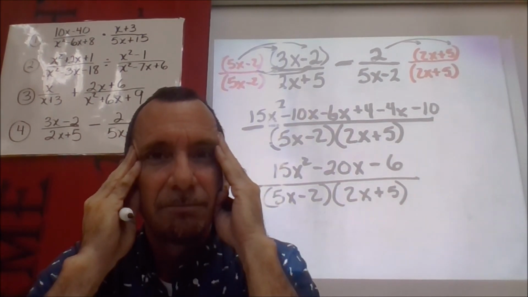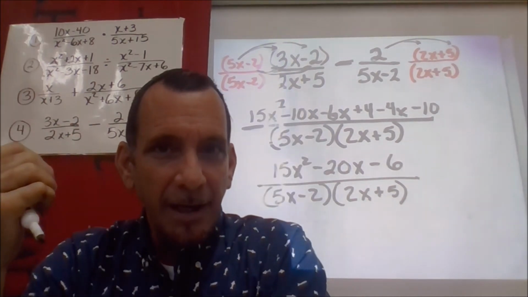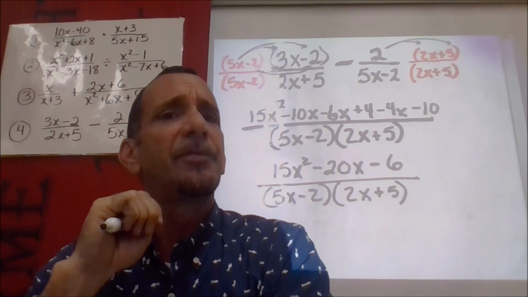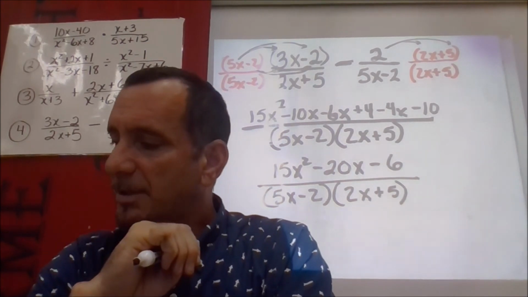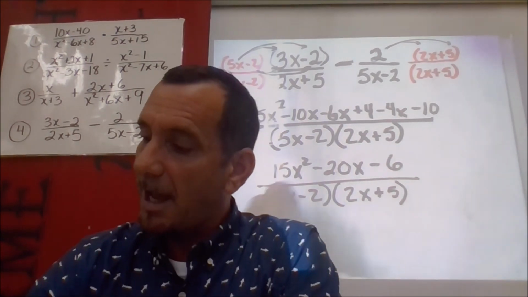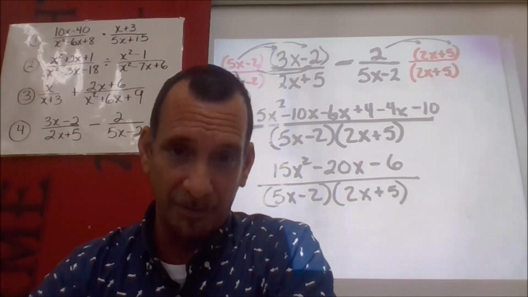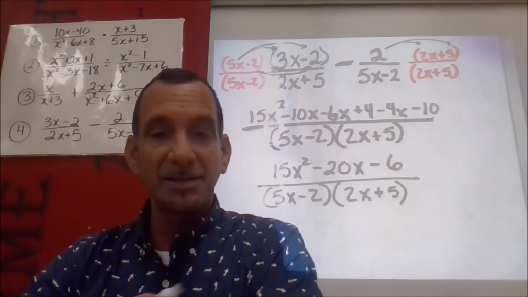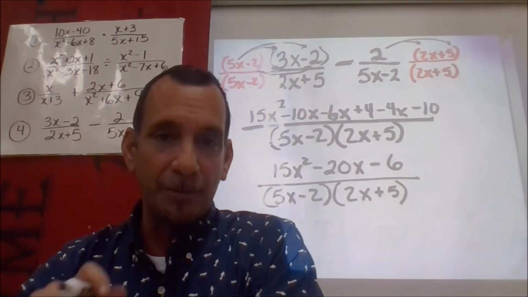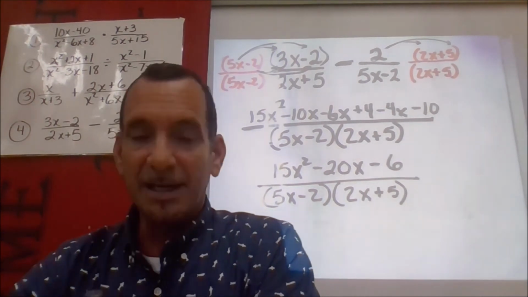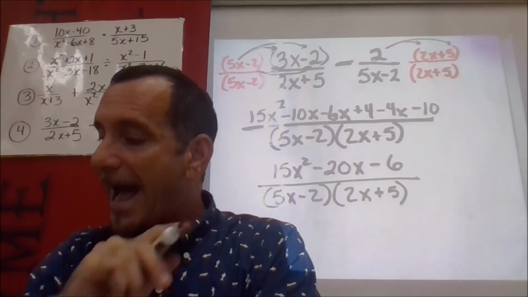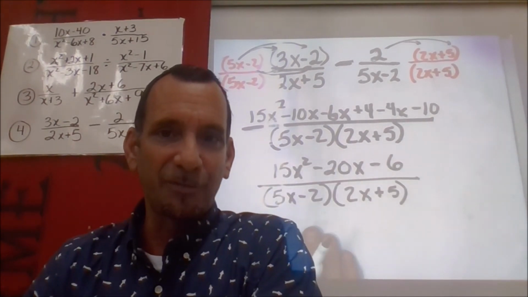I'm going to say, is there a possible way to factor this problem? If I can't find it fairly quickly, I'm just going to say, well, at this point, I can't factor it, so I cannot cancel. So I'm going to leave the answer just like this. There's no way that I'm going to try to factor that right now or try to cancel it with any of those factors. In fact, this is an acceptable answer for us.